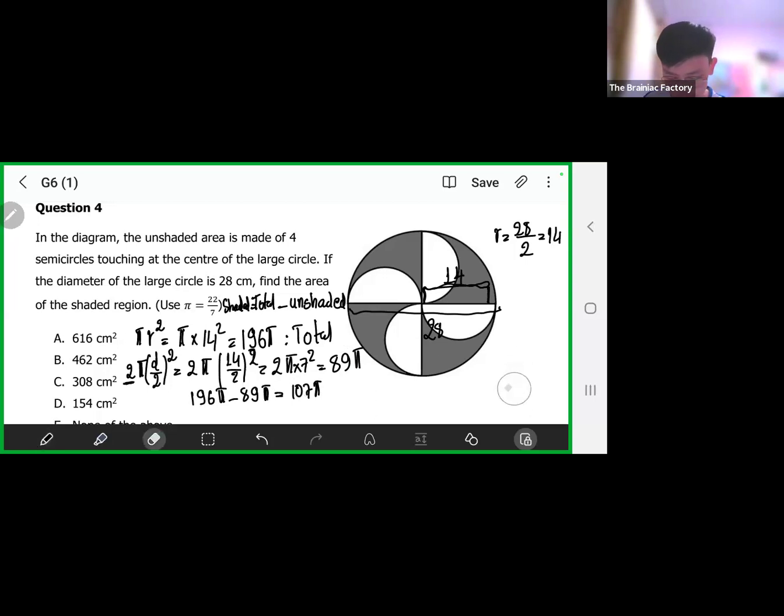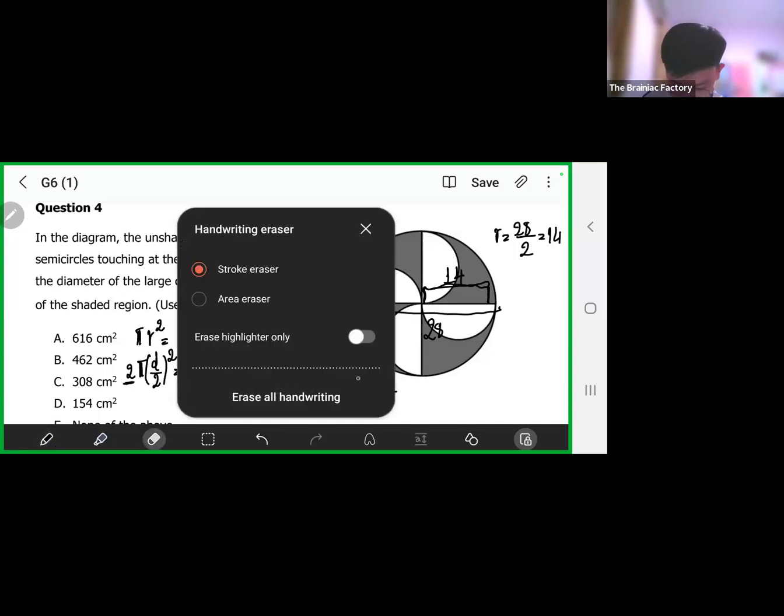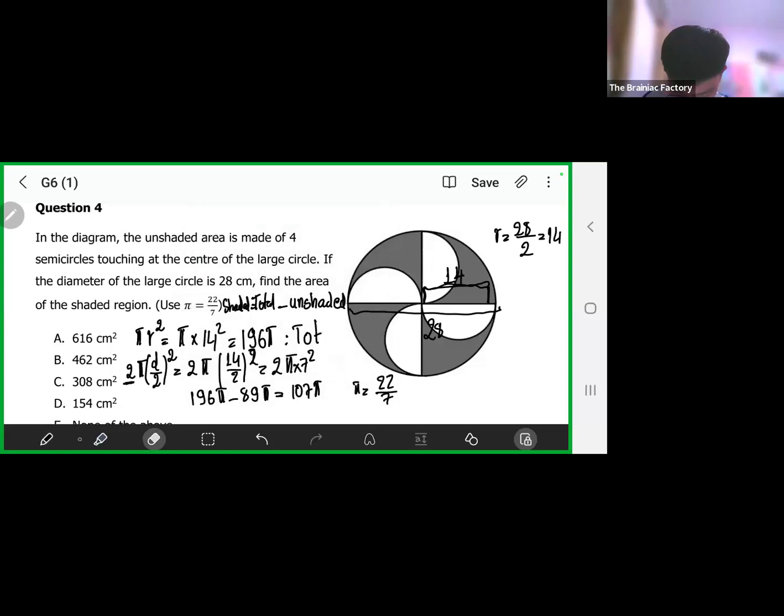But they noted that pi is equal to 22 over 7. Oh, is it? Oh, wait, let me see. Probably something went wrong. Oh, sorry, can you tell me where my mistake is? Oh, yeah, I see now. Here it is 98. Thank you.